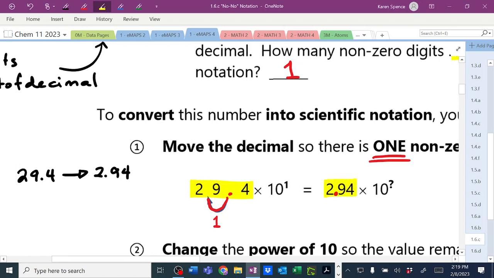What happened to it? Did it get bigger or did it get smaller? This got smaller. By how many powers of 10 did it get smaller? 1 power of 10, and we know that because we moved the decimal place 1 place. So it got smaller by 1 power of 10.